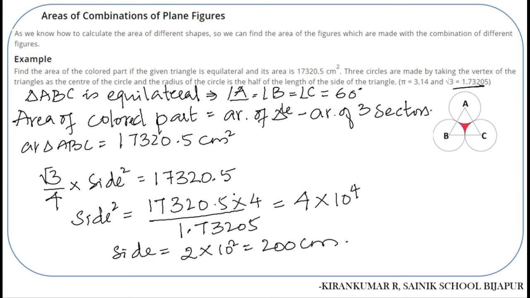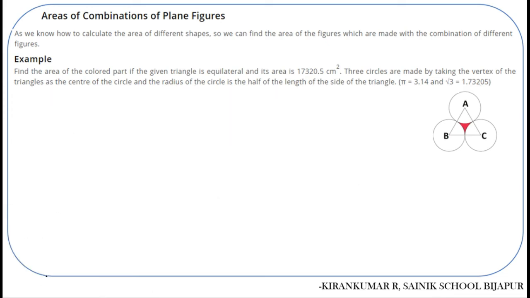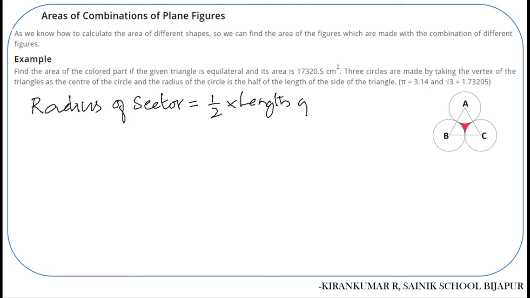Now we require the area of the sector. How do we find the area of a sector? For that we require the radius. Here the radius of the sector is half the length of the side of the triangle. Just now we have found the side of the triangle as 200 centimeter. We get half of it as 100 centimeter.